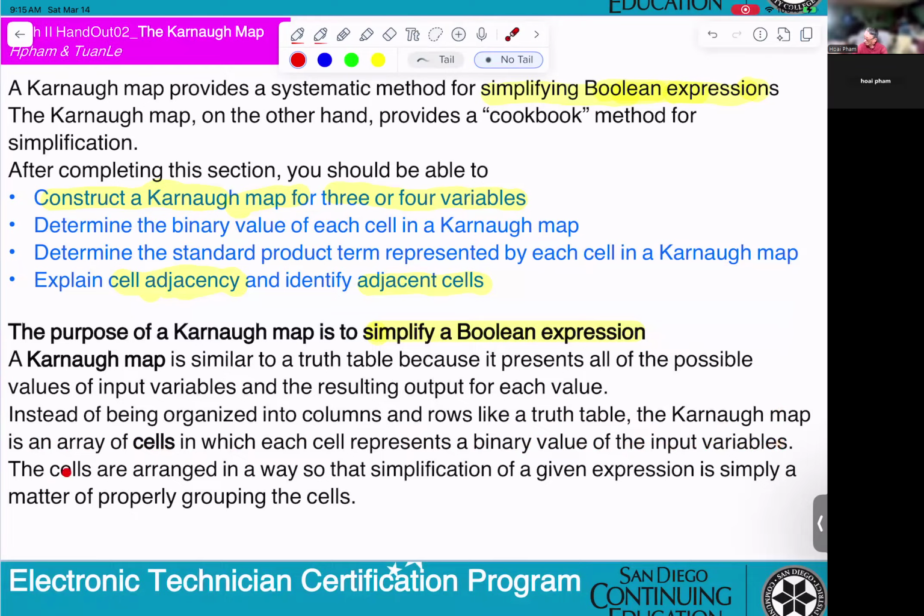The cells are arranged in a way so that simplification of a given expression is simply a matter of properly grouping the cells.